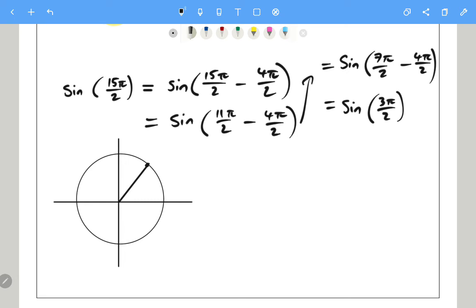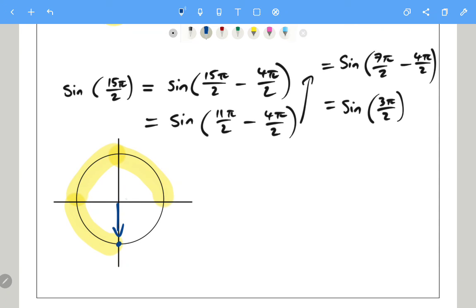Hey, I just did this angle. I remember this one. So 3 pi on 2 is going to be half a pi, 2 halves of a pi, 3 halves of a pi. This angle right down here. So this is the angle I'm interested in, and this is the point. Now obviously I've done a few extra rotations, so the real angle is actually 1, 2, 3, 4, 5, 6, and then out to there.